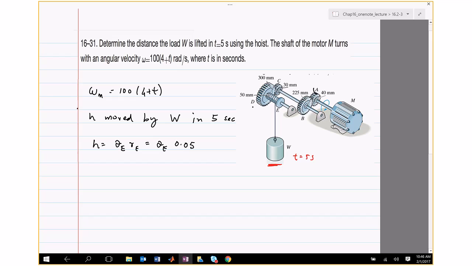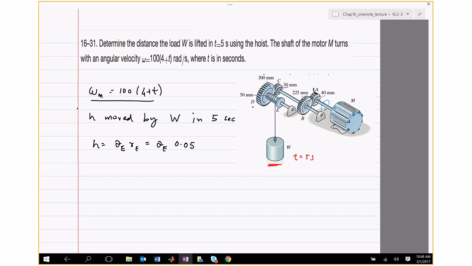So I need to get the angle turned by E. How can I get that? I know something about how M moves. M has an angular speed of 100 times 4 plus t. Let me find the angle turned by M, because if I know that, then I can use the formulas I derived for interconnected bodies to connect it to the angular motion of E, which I'm interested in.